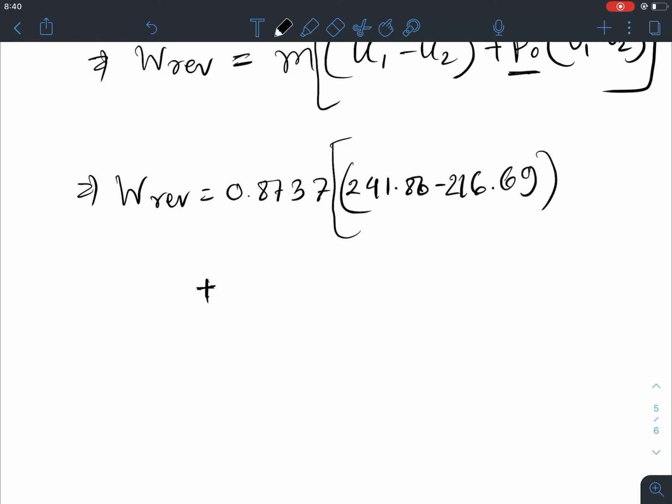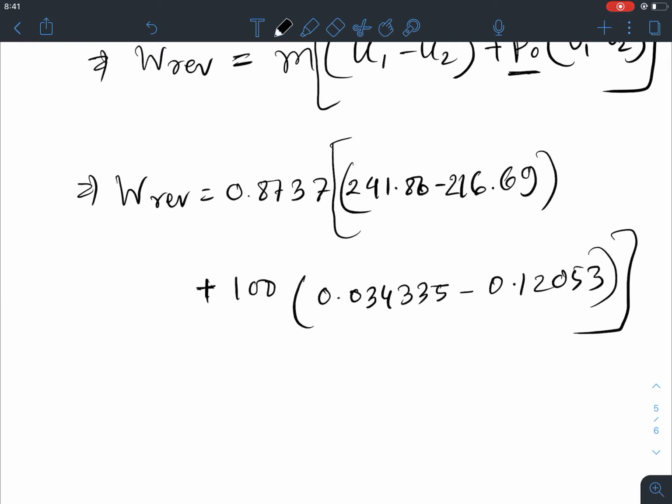Plus the pressure P naught, which is the surrounding pressure or the dead state pressure, 100 kilopascal, times (v1 minus v2), 0.034335 minus 0.12053, right?